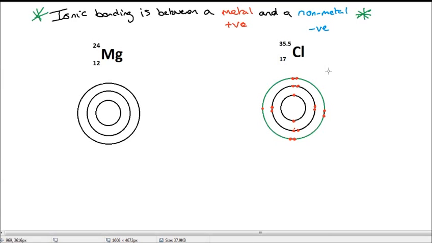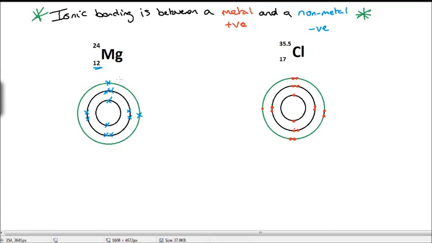So we've got magnesium, and here's its valence shell, as we've done again, to show its outer shell over there. So we've got a proton number of 12 for magnesium, so that means 12 protons and 12 electrons. So 1, 2, that's full, 4, 7, 8, 9, 10, that shell's full now, 11, and 12.